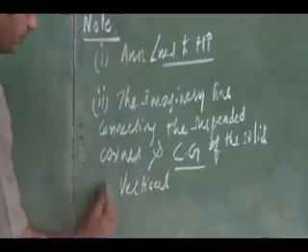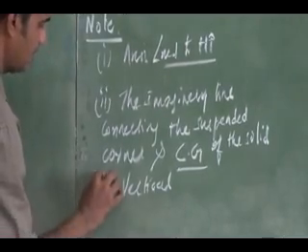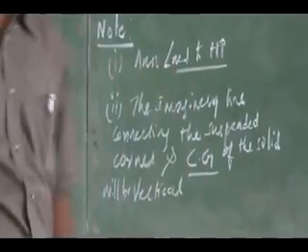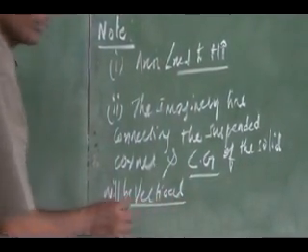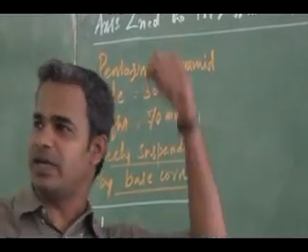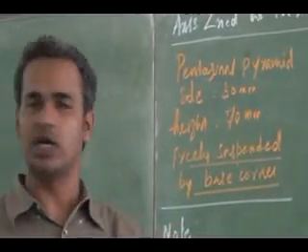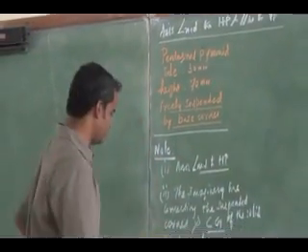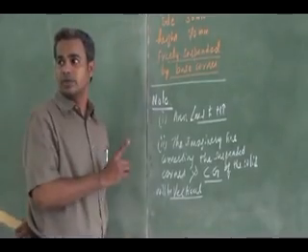So the solid will hang like this. Vertical in the sense that it is perpendicular to HP. That imaginary line connecting the suspended corner and the CG of the solid will be perpendicular to HP and parallel to VP. So this is the condition you should remember.